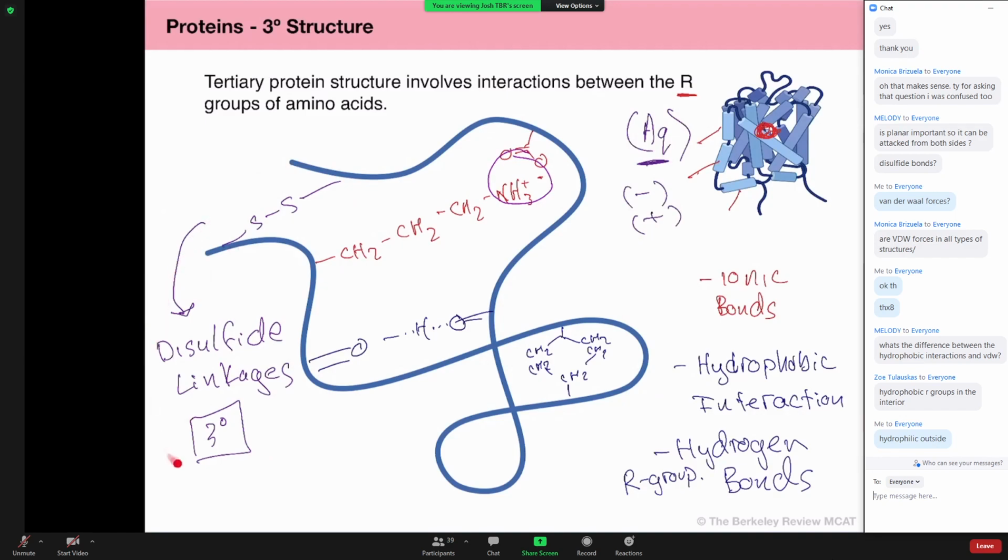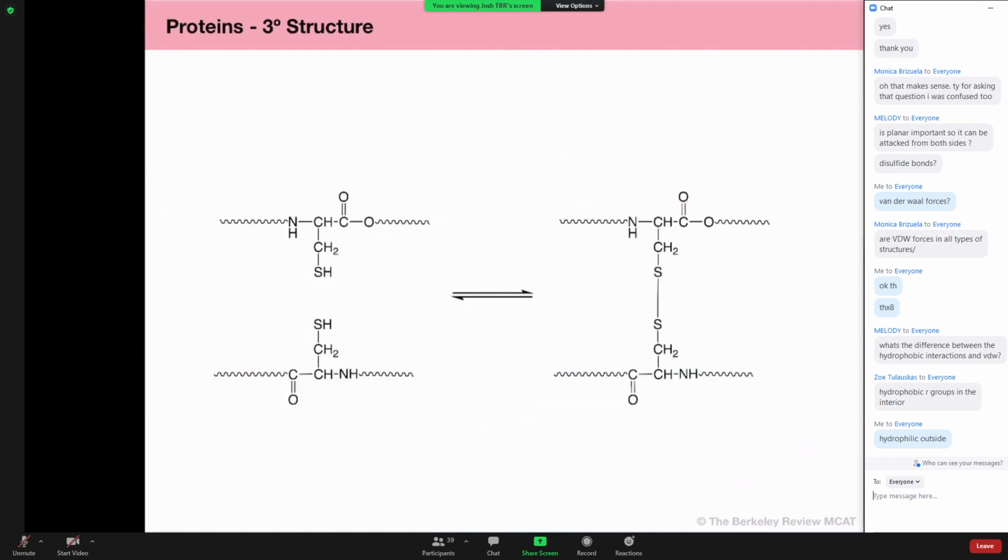Okay. And so before we go on any further, let's talk about disulfide linkages. Okay. So here's a couple of residues, right, that contain cysteine. Okay.